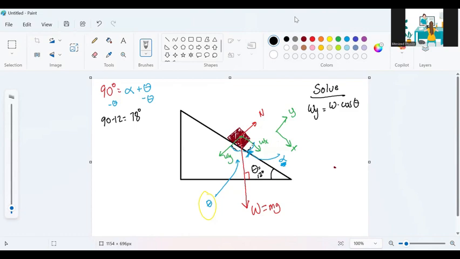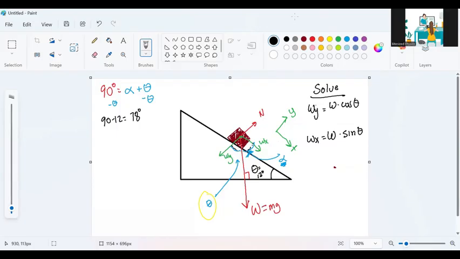What about the x component? Well, if the y component is cosine, then the x component should be the sine. Now we have both legs of this triangle, because remember, the vector components make a right triangle.